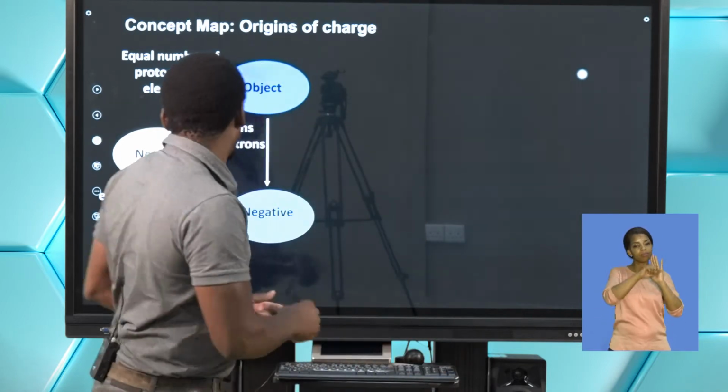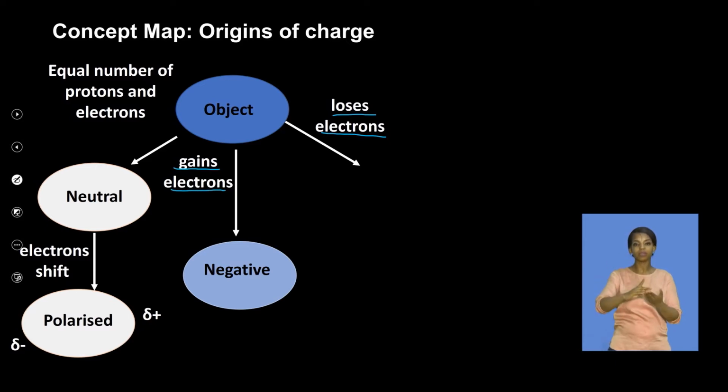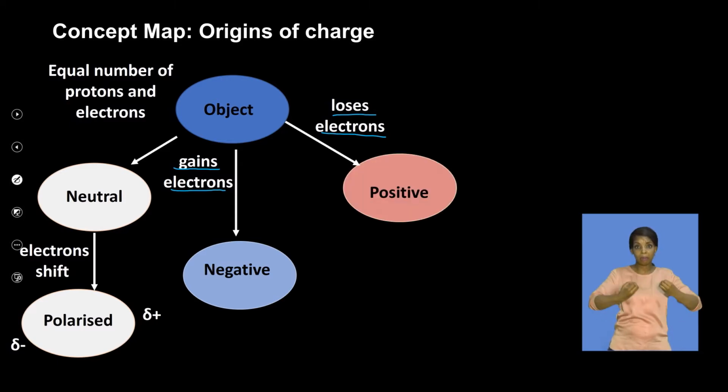Moving along again, we can have a case whereby electrons are lost. Remember, it's either gain of electrons or loss of electrons. It is about the electrons. If electrons are lost, that material becomes positively charged. What does it mean?